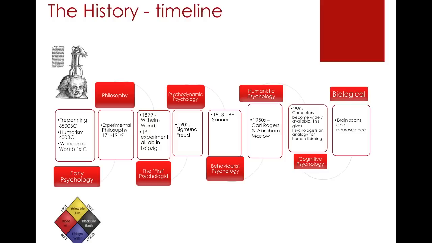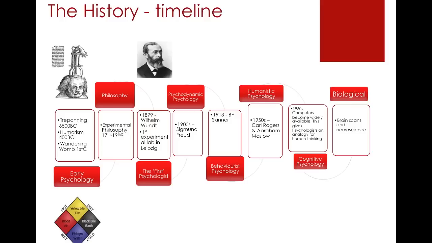What then came, and where we're really going to start the journey of psychology, is Wilhelm Wundt, and he is the first person in history who was known as a psychologist. So really we can see the birth of psychology with Wilhelm Wundt's ideas.